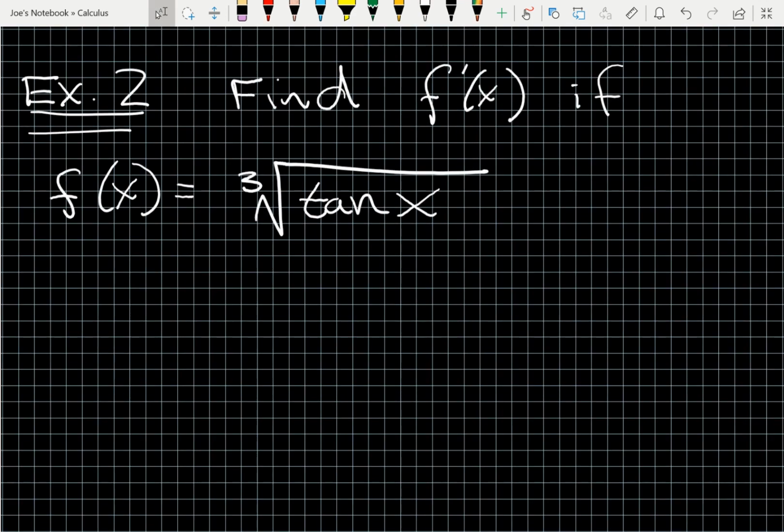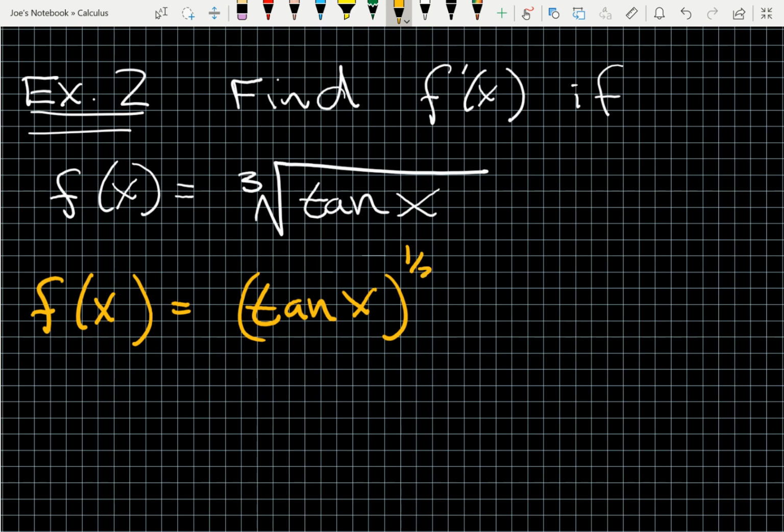Find f prime if f of x is the cube root of tangent of x. So we should probably rewrite this first. Let's see, f of x is actually tangent of x to the 1/3 power. So my outside function is x to the 1/3.